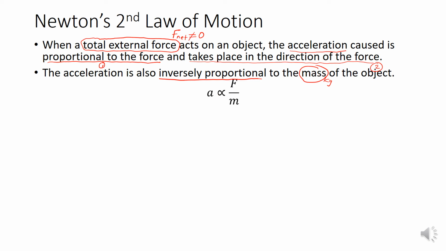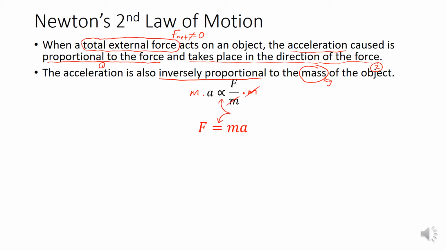Or in symbol form, A, the acceleration, is firstly proportional to the force on top, and secondly inversely proportional to the mass. If you rearrange that slightly, if you multiply both sides by m, you get F, and this proportional sign changes to an equals.